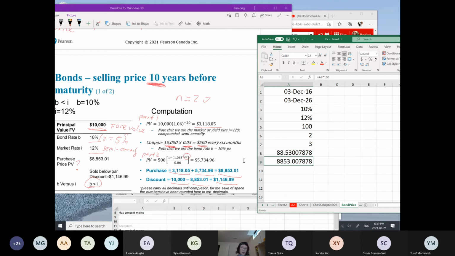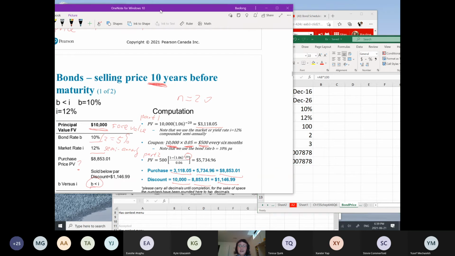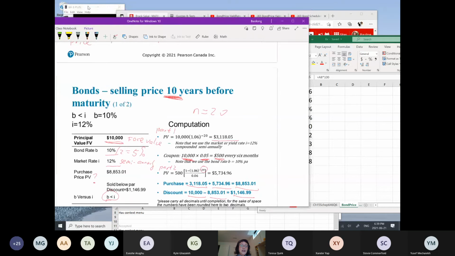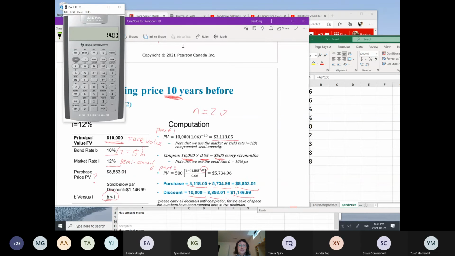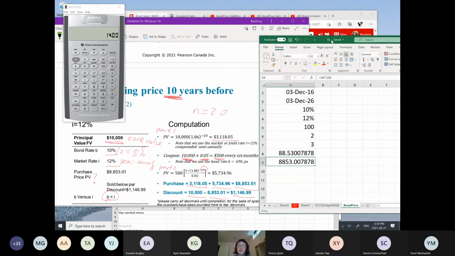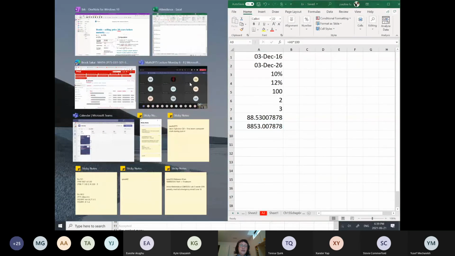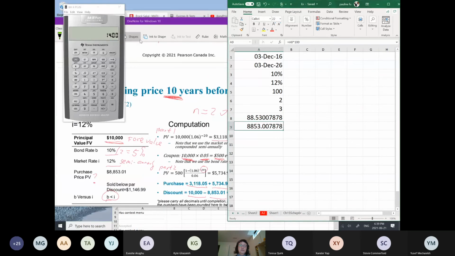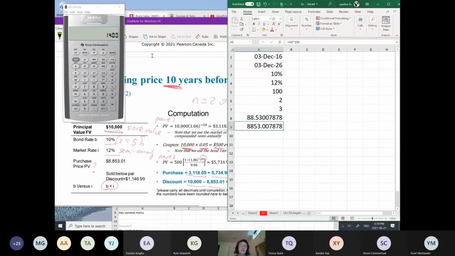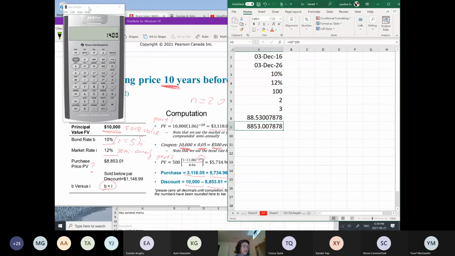And now, how do I use the calculator? Today I have my calculator ready, and I want to show the same question. So I'm going to use the calculator to do this question.